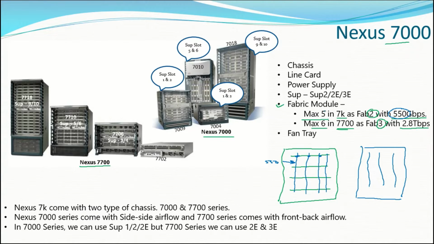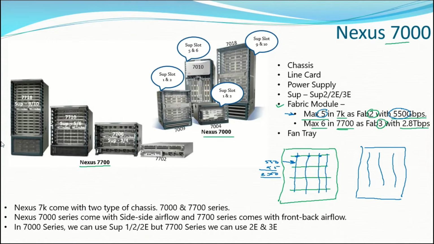And the maximum we can install is 5. It means 550 multiplied by 5: 5 fives are 25, 5 fives are 25, and 27. It means 2.75 Tbps is the maximum speed we can get from this 7000 series of switch.